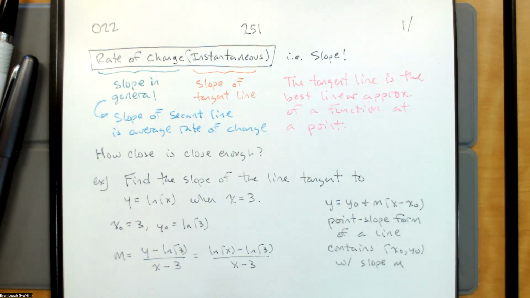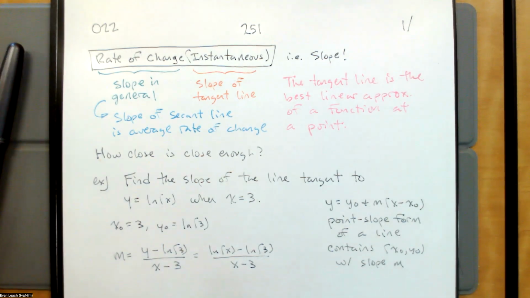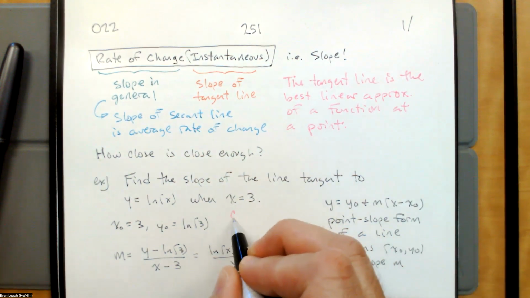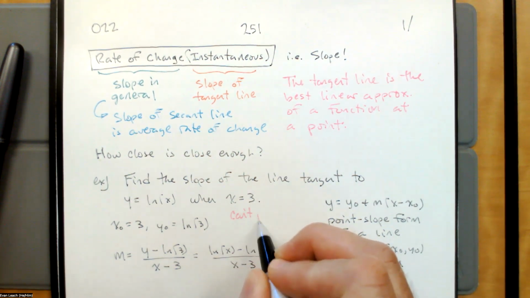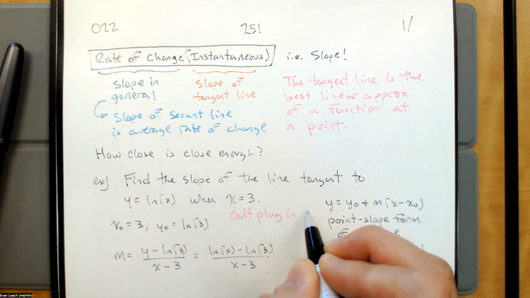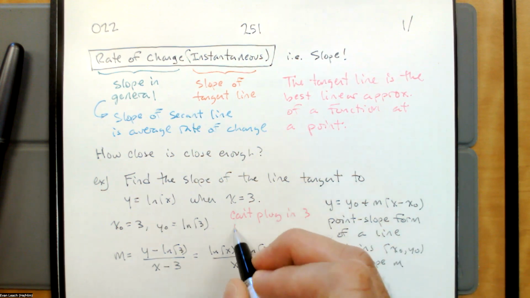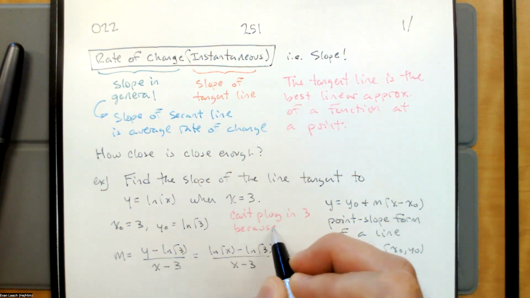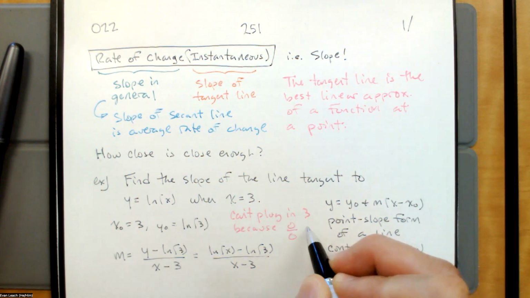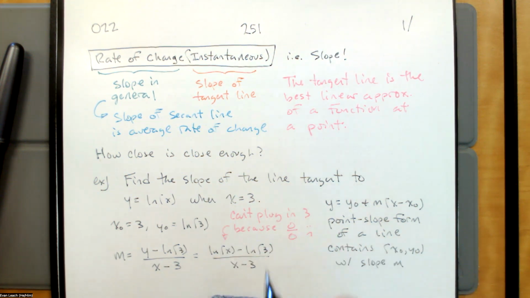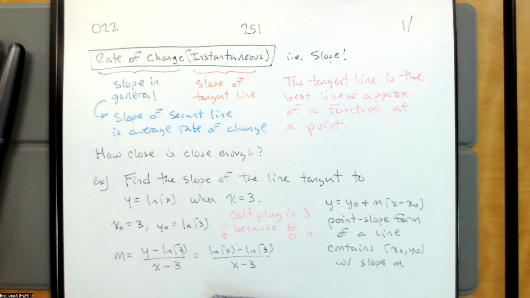So just like we saw yesterday, we can't plug in 3 to calculate the slope. We can't plug in 3 because we'll get 0 over 0, and that could be whatever we want it to be.